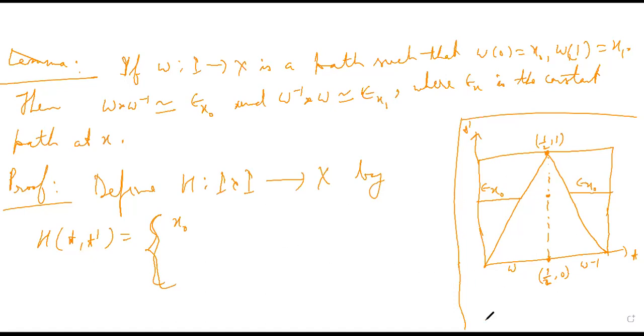How I plan to do this: initially you have omega star omega inverse, like this map. Then slowly it will go up to maybe here, then come back like this.